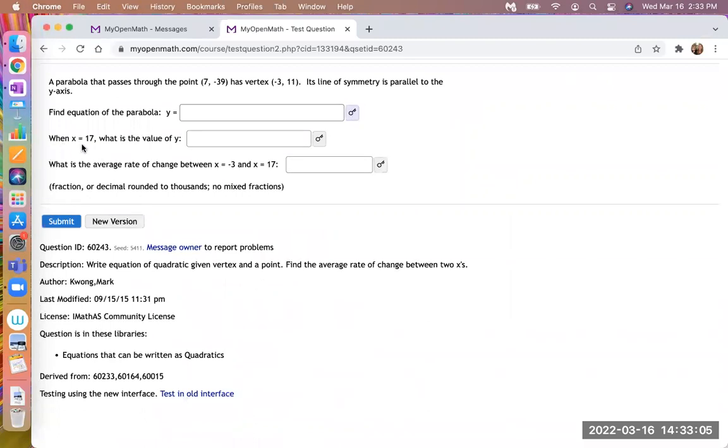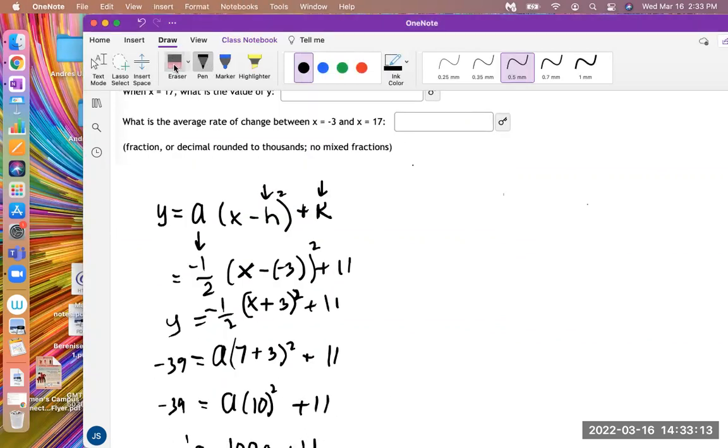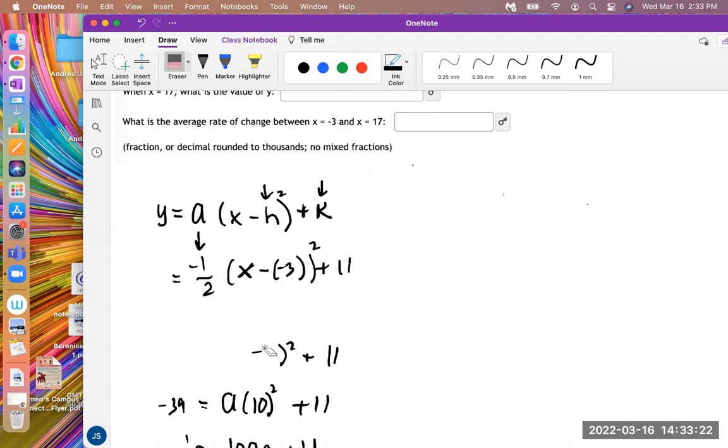Now they ask, when x is 17, what is the value of y? Well, that's what this equation is doing. It is all set up to give us y if we are given a particular x value.